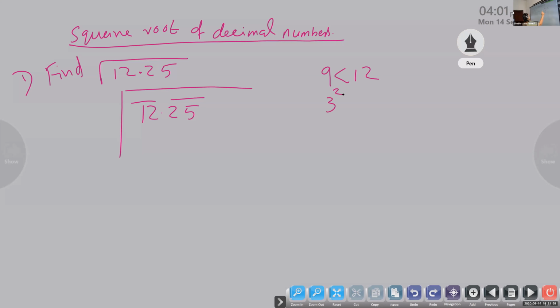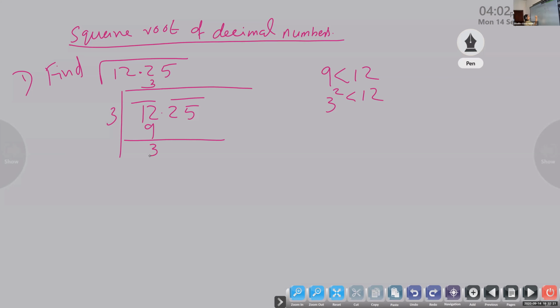Don't say 3; 3 is the quotient, and the remainder is 9. We take 3 as the quotient and divisor. 3 threes are 9. Subtracting, we will get 3.